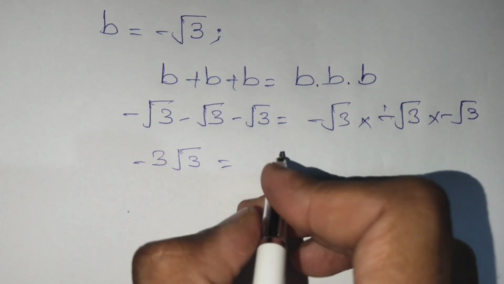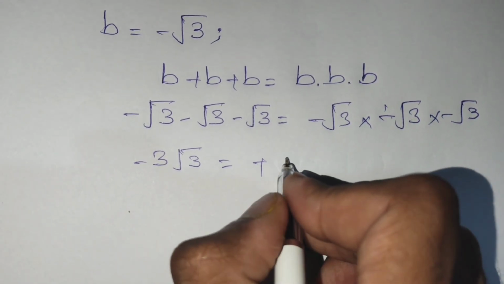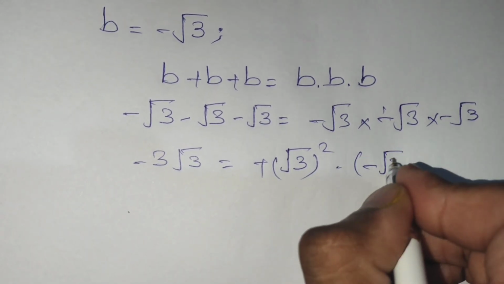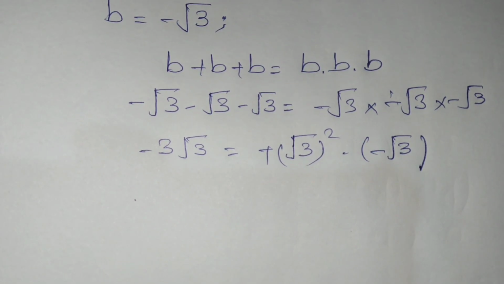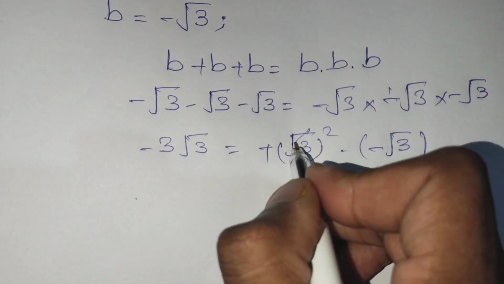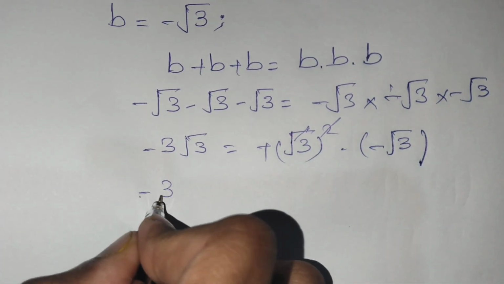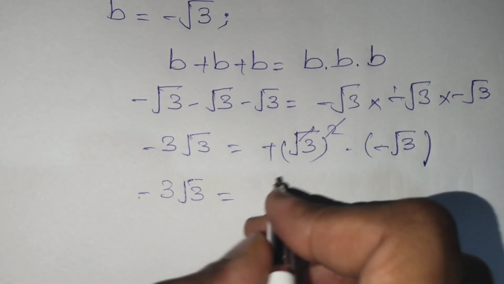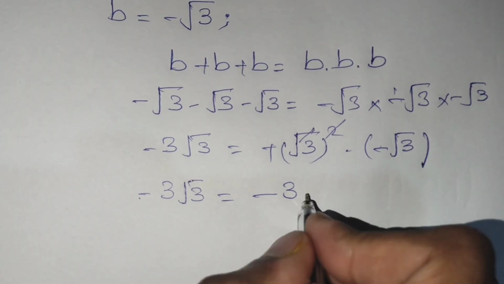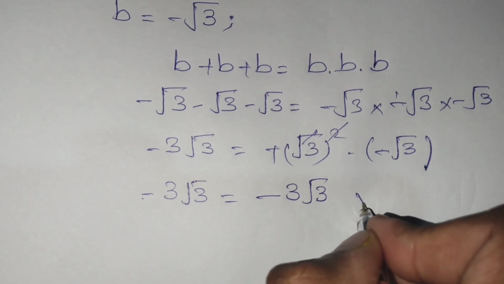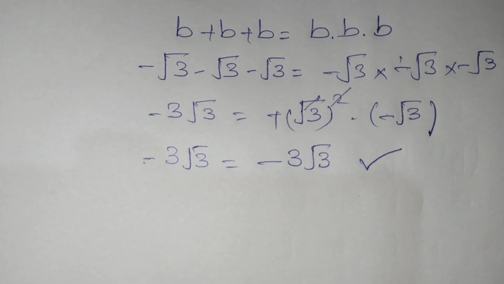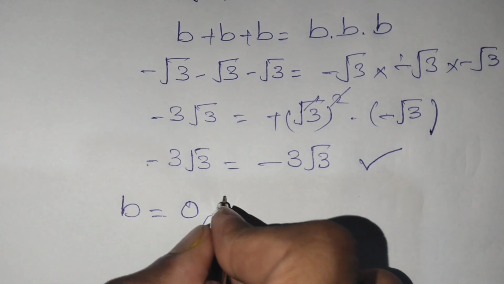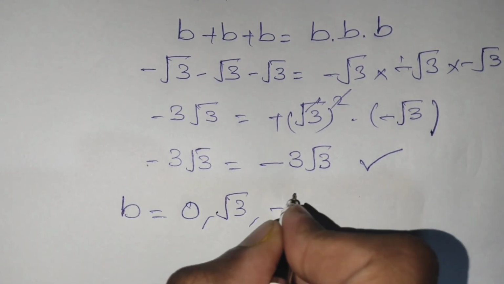This is minus into minus, plus square root of 3 whole square times minus square root of 3. This square root cancels with square. We have minus 3 times square root of 3 equals this minus 3 square root of 3. Left hand side equal to right hand side, so we have b equals 0, square root of 3, minus square root of 3.